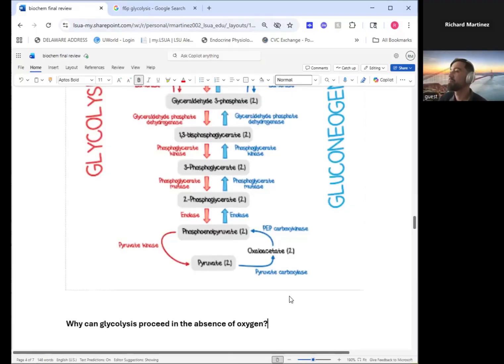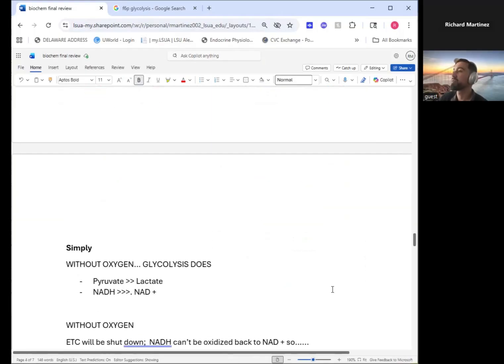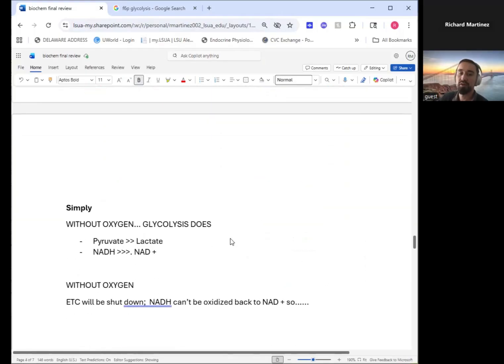Good job. Okay. So if we need oxygen, I'll show you this so you can see where my mind's thinking. So without oxygen, glycolysis will go through another process to still go. It doesn't need oxygen because it's in the cytosol. But without oxygen, the electron transport chain will get shut down.